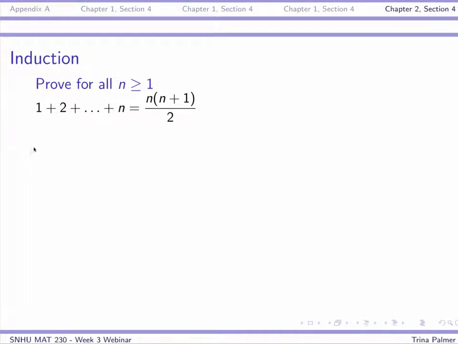The first thing you want to do is prove it true for the base case. So I often just label it the base case. In other words, you want to prove it true for n equals 1. Really, you can prove it for n equals whatever you want, but 1 is usually the easiest.